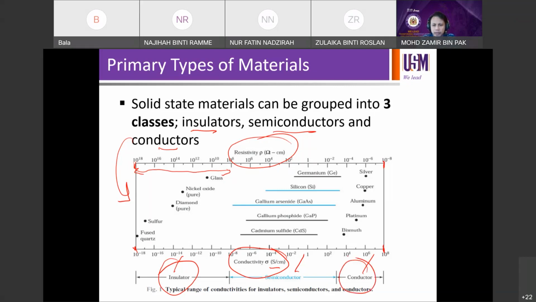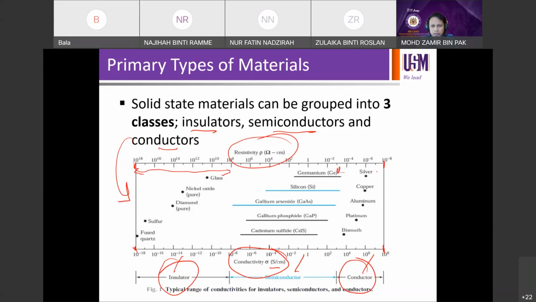On the other hand, if you look on the far right, we can see conductors. Examples are silver, copper, aluminium, platinum, and more metals. You can see that the resistivity is very, very low on the far right, ranging from 10 to the minus 8 up to 10 to the minus 3.